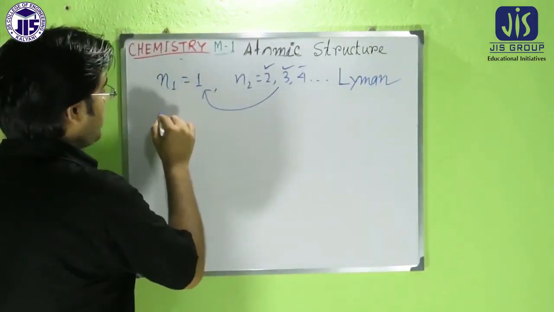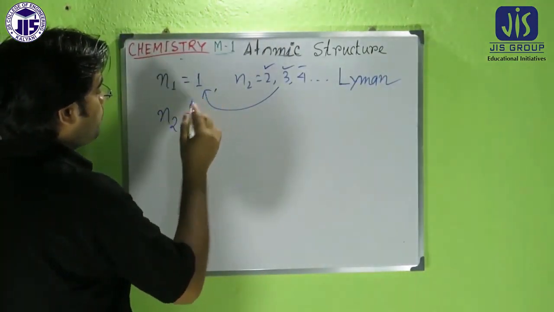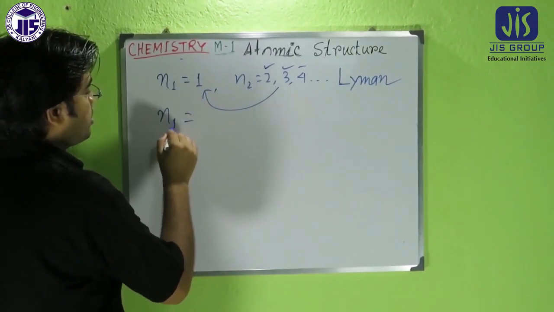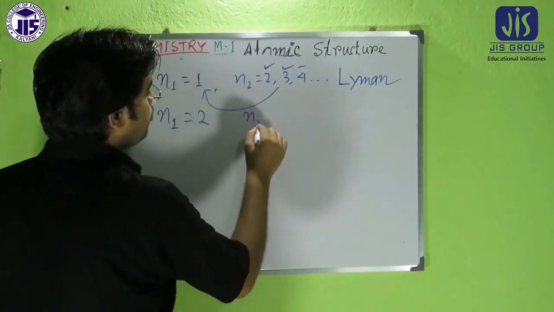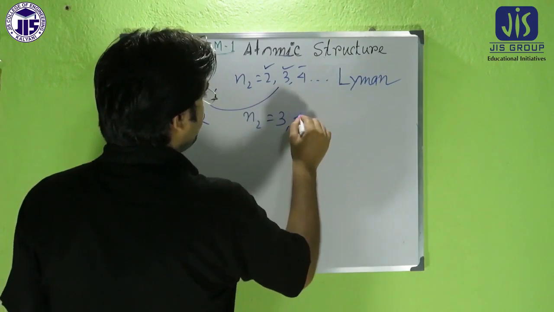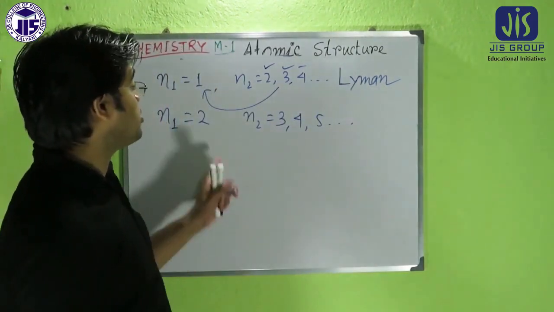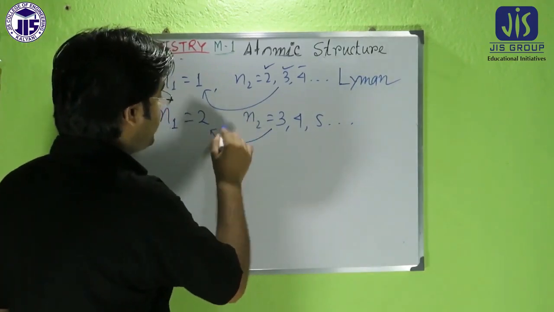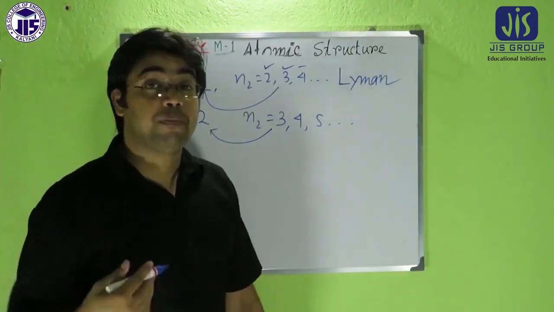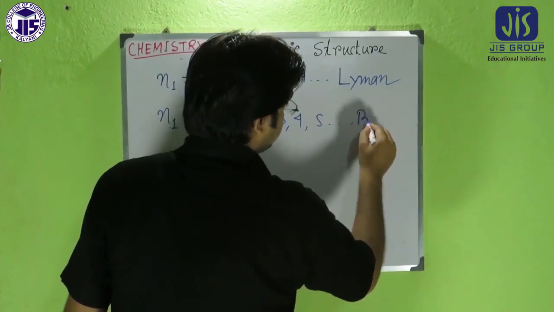Next, if n1 equals 2 and n2 equals 3, 4, 5, etc., that means any of the higher orbits with respect to 2, and the electron jumps there, then the series we obtain is called the Balmer series.